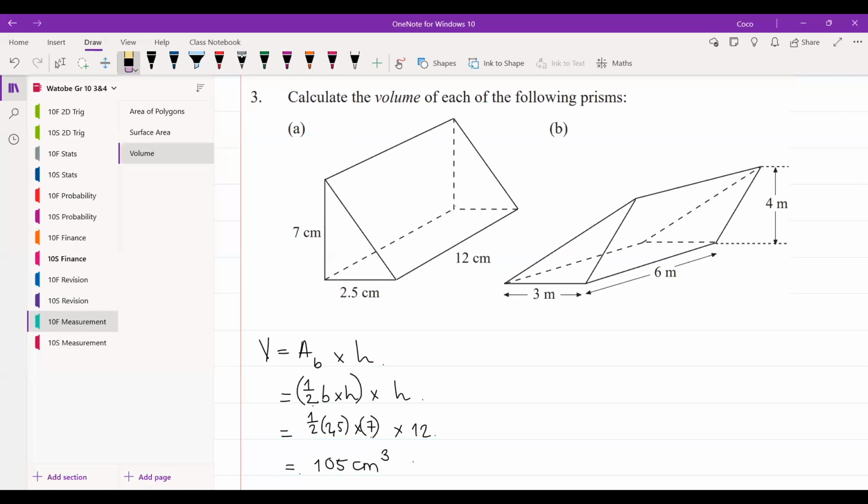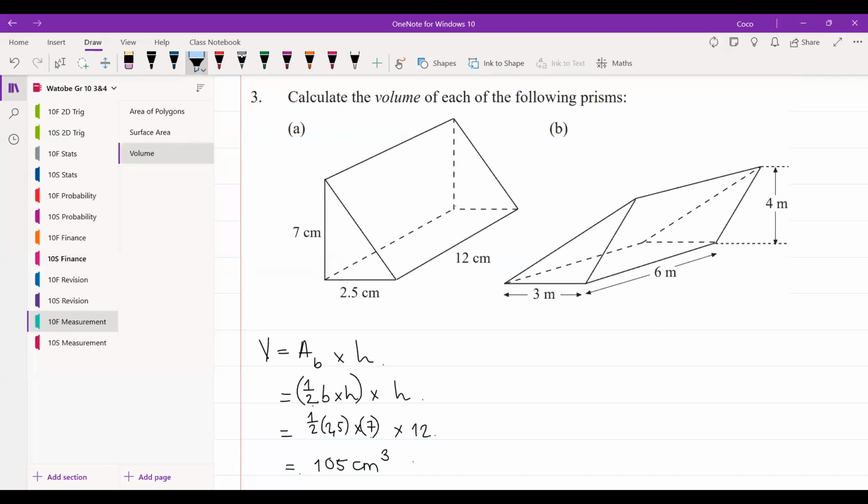Okay, let's just make sure everybody understands why we are using the triangle as the base. Do you agree with me that in order for us to use the rectangle, we would need another rectangle on the top? Yes, I agree. Right. So we need a base that is reflected on both the top and the bottom of my shape.